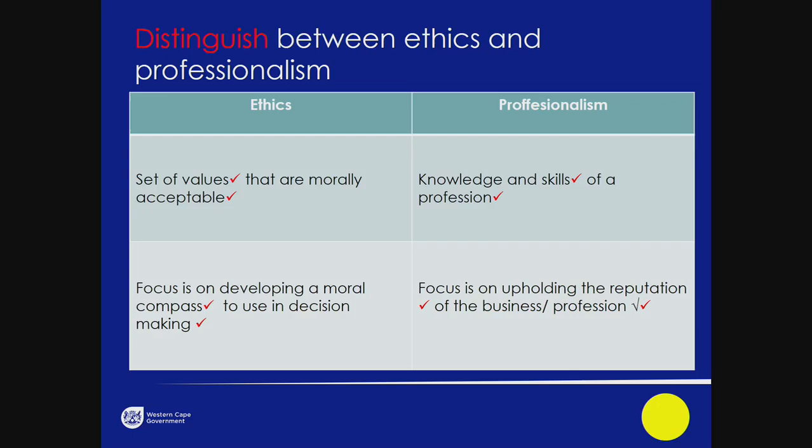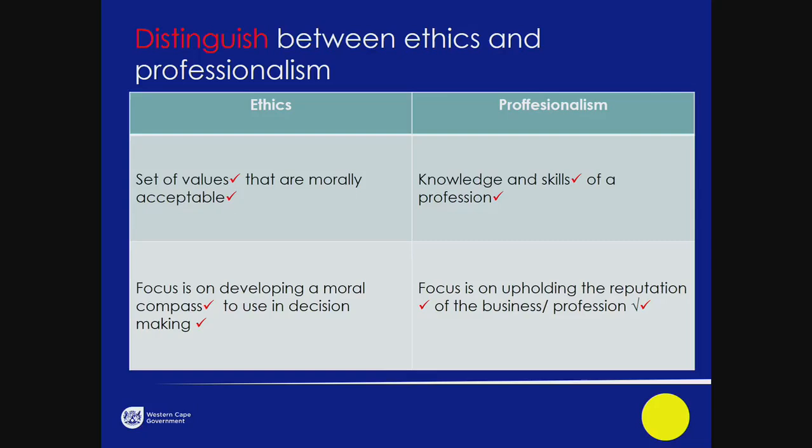Now it says there, a set of values, you can see the split mark again there, that are morally acceptable. So a set of values that are what? They are morally acceptable, right? And whilst professionalism is not necessarily about values, it is about skills of a specific profession. And then the one at the bottom focuses on developing a moral compass to use in decision making, and the other one is that.